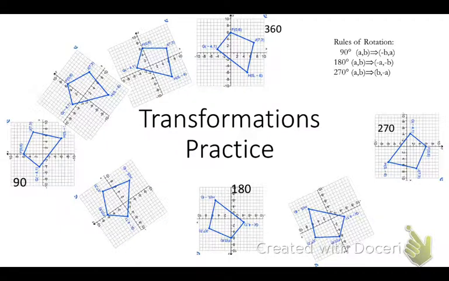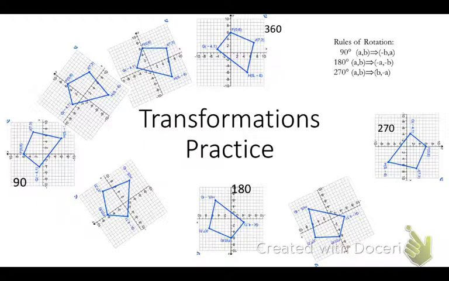Okay, so we spent some time looking at transformations and composite transformations. Specifically for the quiz or test, hopefully you feel better about how to use these rules about rotation and reflection. Some of the questions you might be asked to do is looking at a picture and identifying how far it's been rotated.